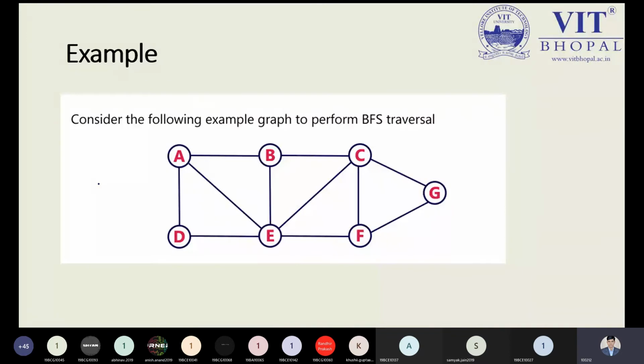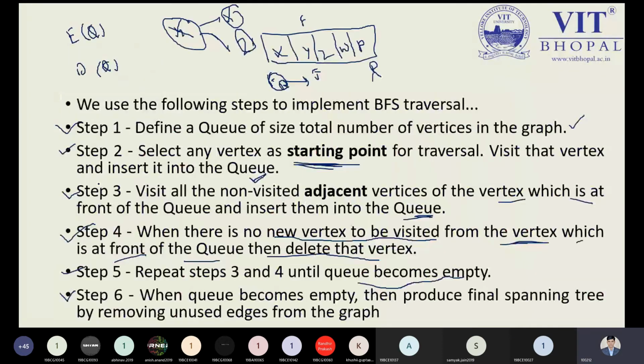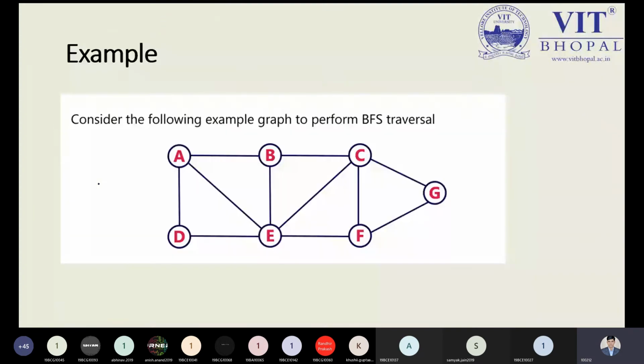I am giving you 5 to 10 minutes, and any student who wants to speak can speak. First, draw this question on your paper or register or copy, whatever you want, and then you can perform these algorithmic steps. I will ask this question from any student.